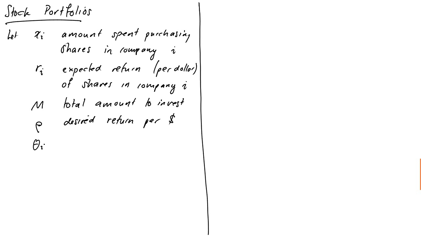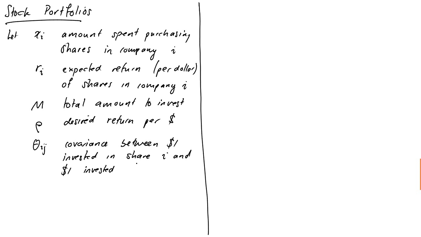So let theta ij be the covariance between $1 invested in share I and $1 invested in share J. This is a measure of how much the performance of companies I and J are linked.